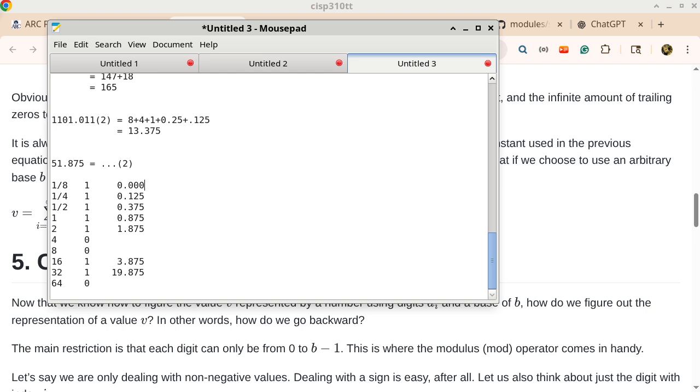So if you rely only on whether the voltage is exceeding a threshold or below a threshold, that is easy to do, because it doesn't depend on the precision of the transistors being exactly the same and all behaving the same. So that's why we use base 2, because we just want to rely on, is the voltage at a certain point above a threshold, or is it below a certain threshold?